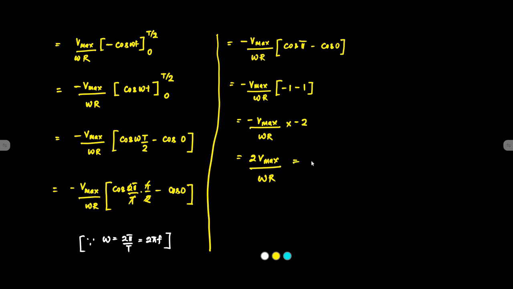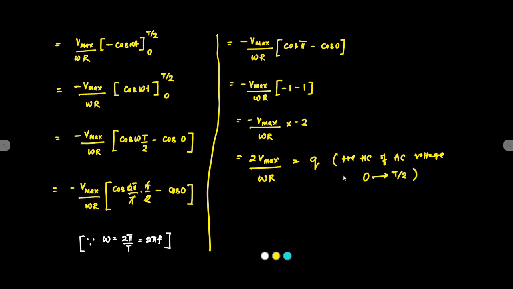It is the total charge transferred by the positive half cycle of the alternating voltage from time duration 0 to T by 2.